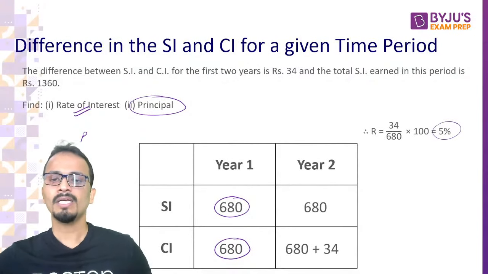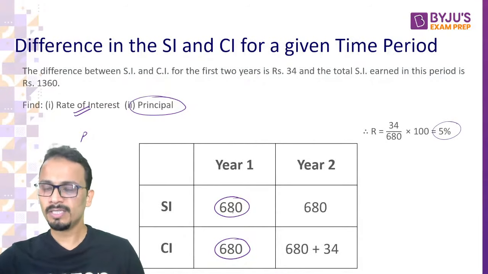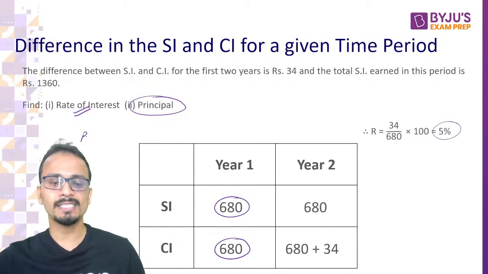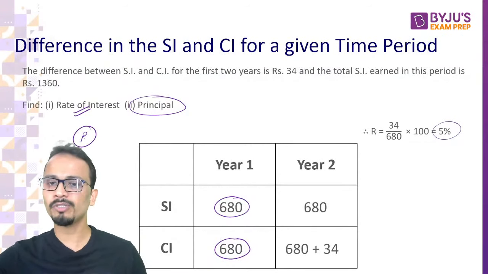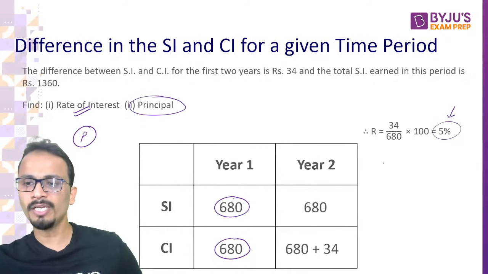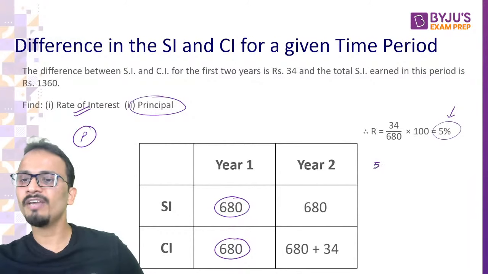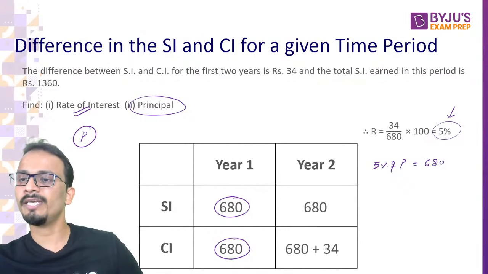Now these two values, 680 rupees, simple interest for the first year. This is the interest that is calculated on the principal, right? At what interest? At 5%. So I can say that 5% of principal should be equal to 680 rupees.